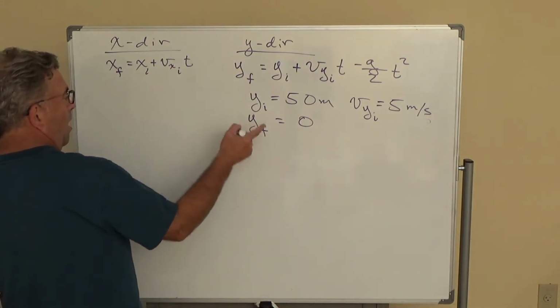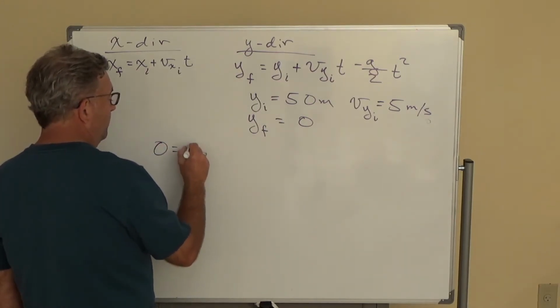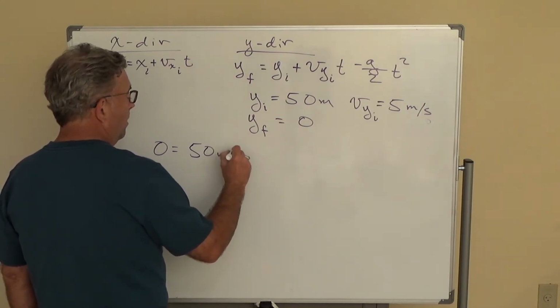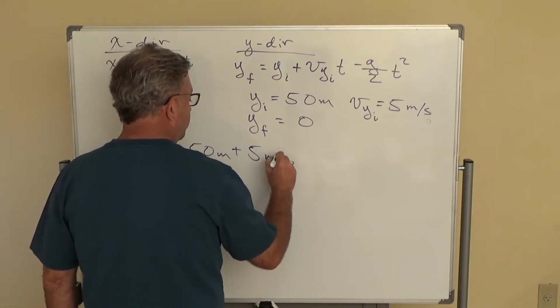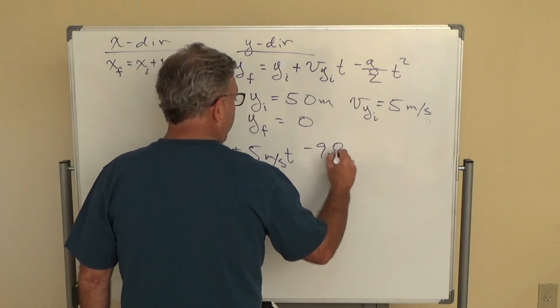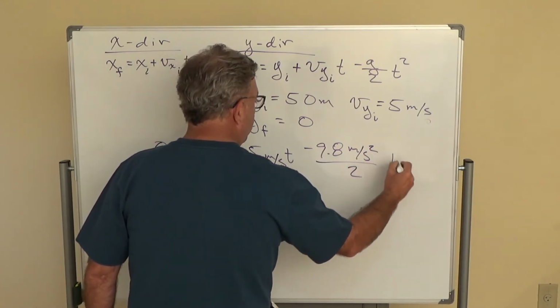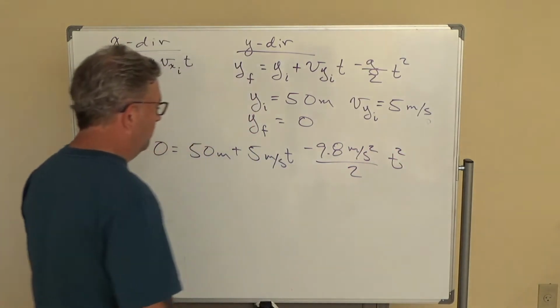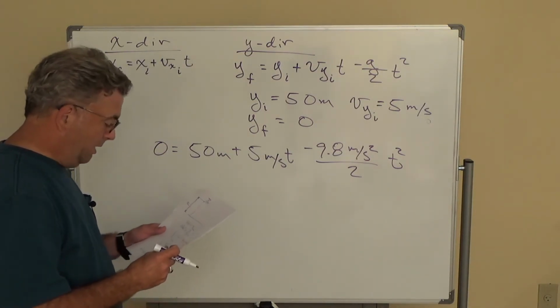So y final, 0, is equal to y initial, 50 meters, plus Vy initial t, 5 meters per second t, minus 9.8 meters per second squared over 2 t squared. Now we can solve for t.